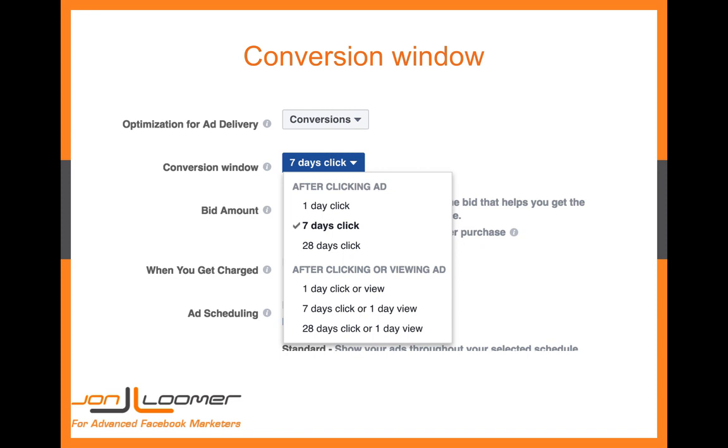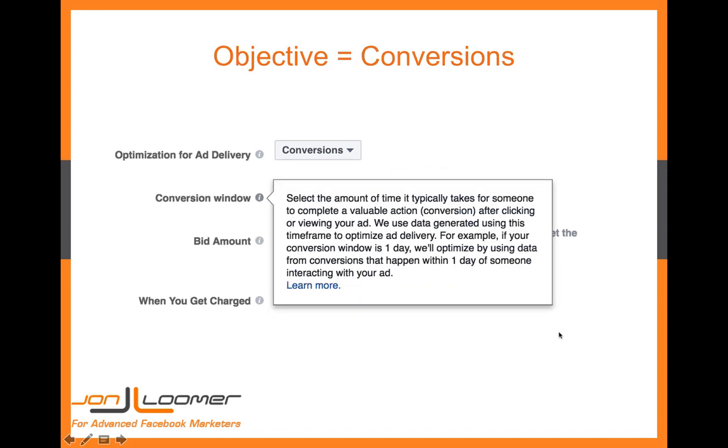I even got after clicking or viewing your ad, 1-day click or view, 7-day click or view, 28 days click or view. So quite clearly, first of all, 1-day click is going to be the smallest audience for optimization purposes. 28 days click or 1-day view is going to be your largest audience, or just the 28 days click will be large audiences. And I'll get to that here in a minute.